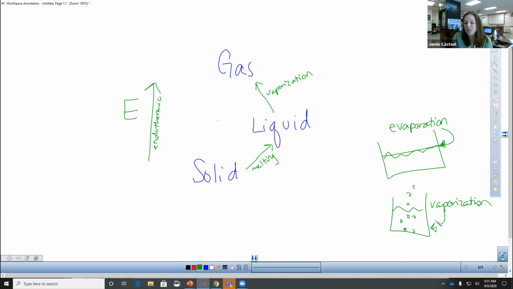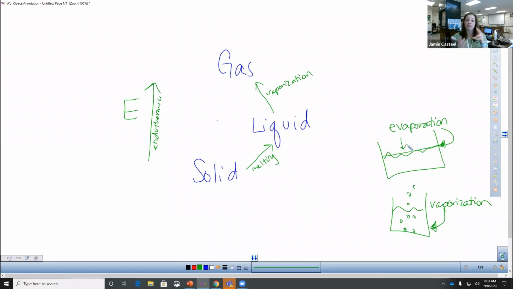So vaporization is an active form of phase change. We are boiling the whole thing. That's why when those bubbles start forming in the pan when you're trying to cook, that's the start of vaporization. The whole thing has reached the boiling point, which for us is 100 degrees Celsius because we're normally boiling water. Evaporation is passive. It happens layer by layer as the top particles are getting hit by sunlight.